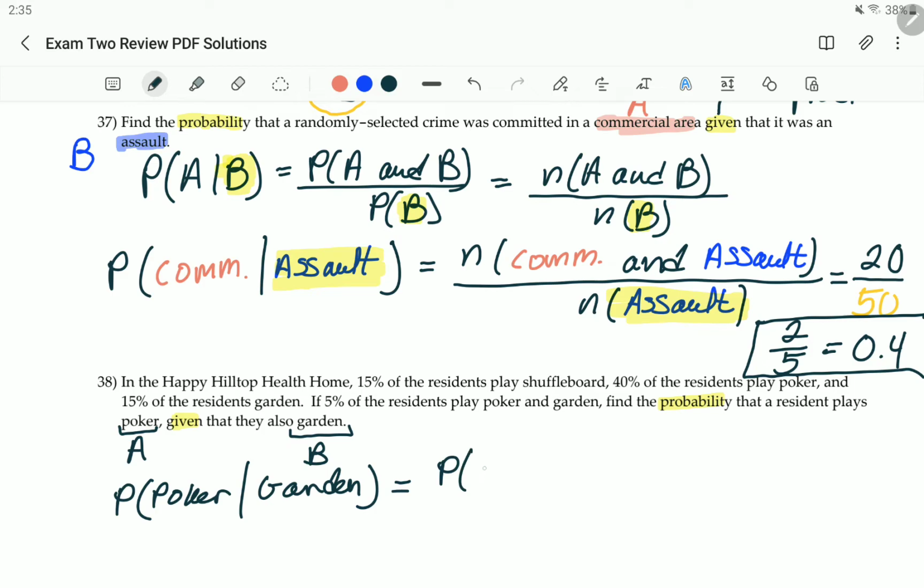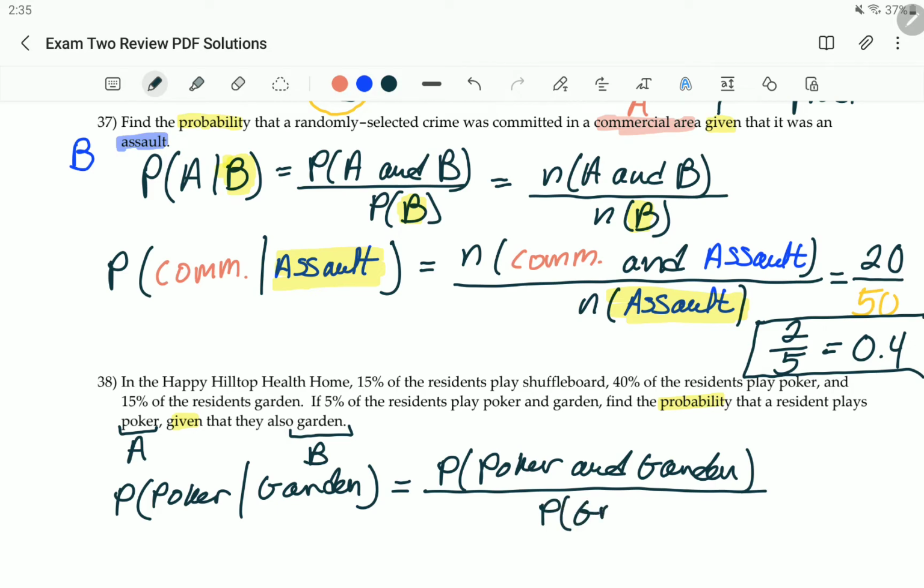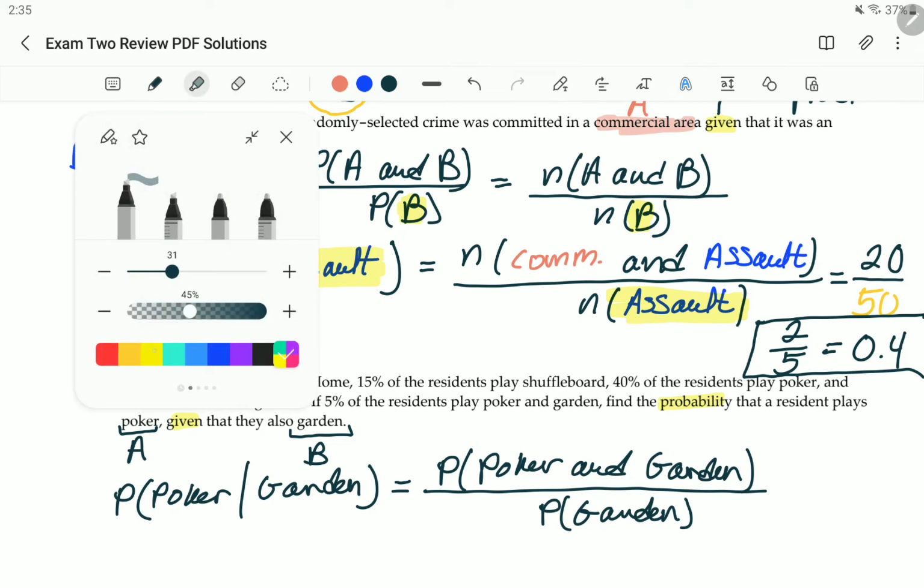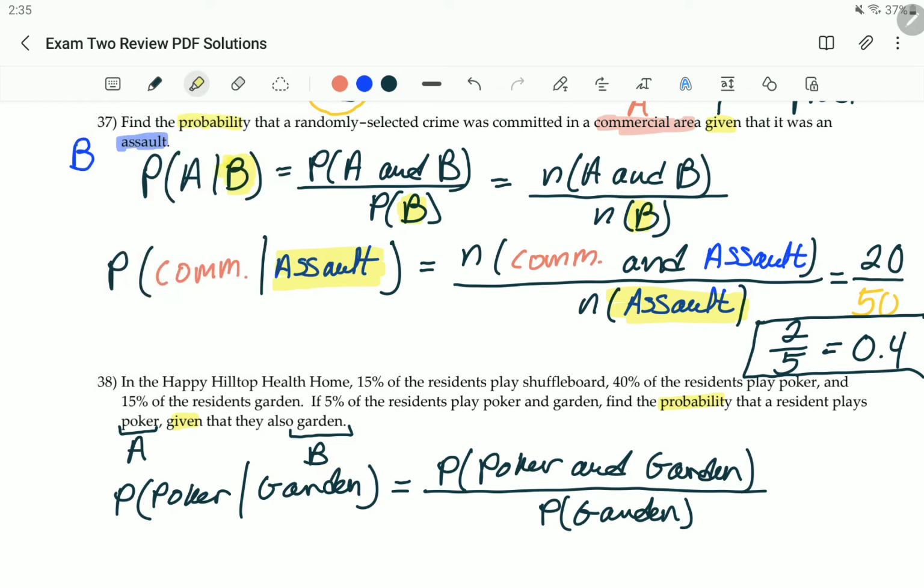The probability of poker and garden divided by the probability of garden. Excuse my handwriting. Let's clear that up for you guys. And once again, remember, whatever event goes after the given symbol, which is right here, also goes in your denominator, which is down here.